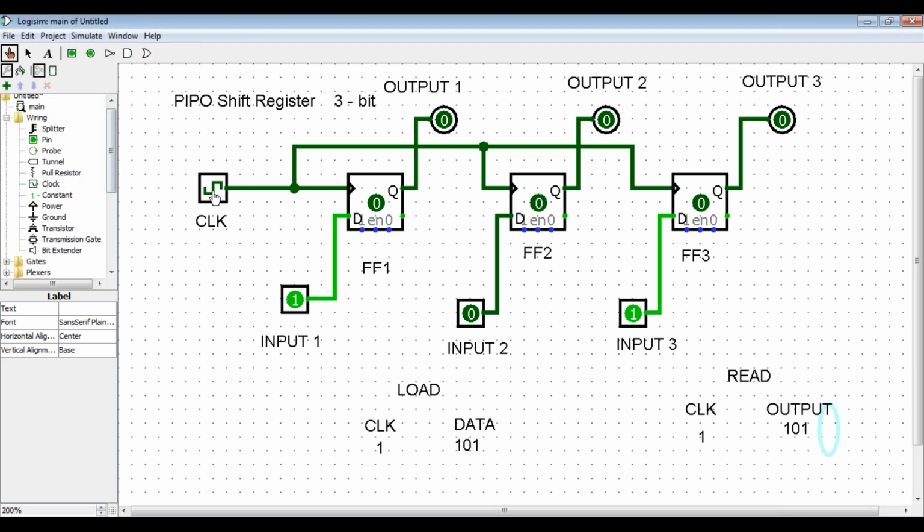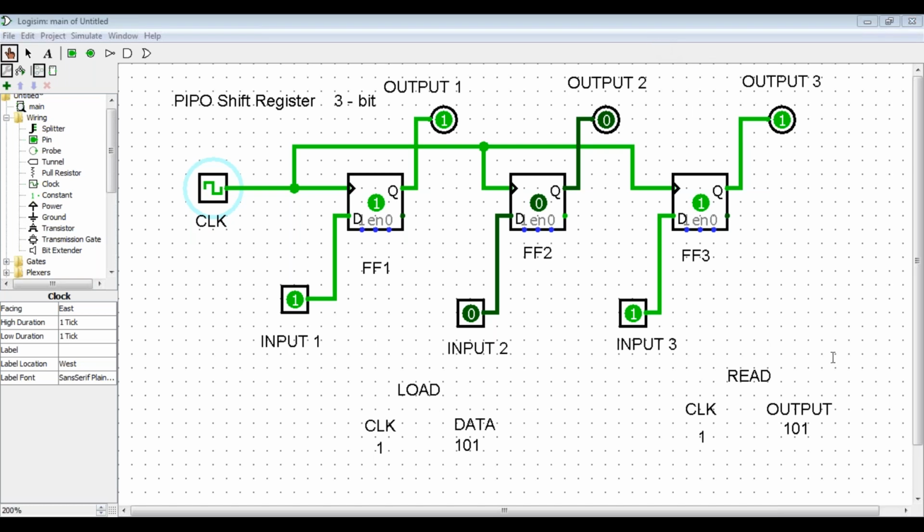On the first clock itself I am getting the output 101.